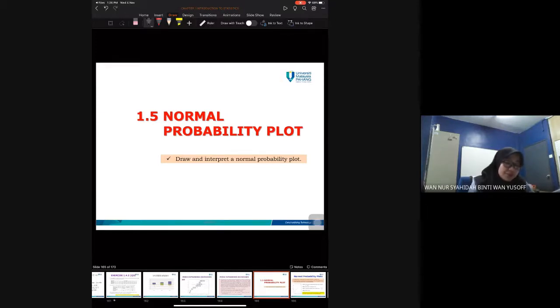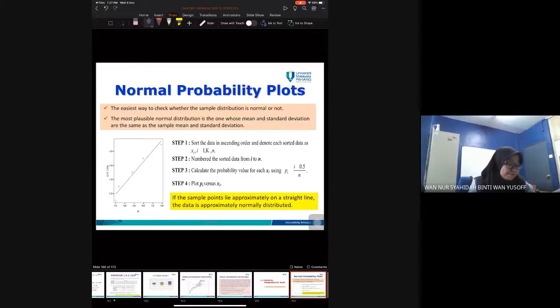So the normal probability plot here is in part 2 of your assignment. The normal probability plot is the easiest way to check whether the data that we have here is normal or not. Because in this applied statistics course, all the methods that we discuss are for normal data.